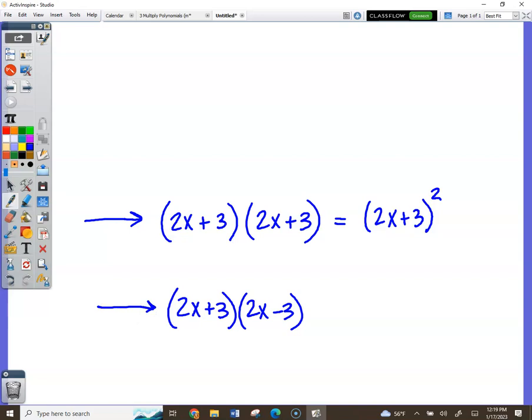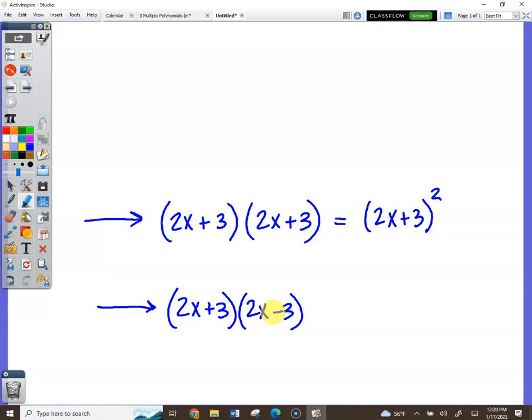Okay, look right here. Do they match? No. But there's only one difference, and it's the sign. Hence the name, difference of squares. It's not a perfect square.